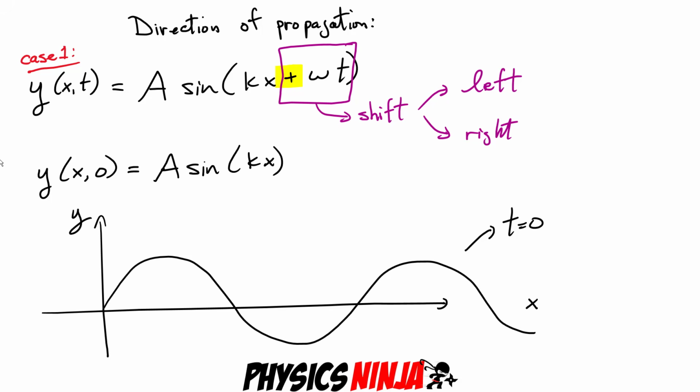Okay, now we want to know whether or not we shift it to the left or to the right. And the rule from math class, if you remember, if this term was positive, what you end up doing is you shift it to the left. If it's a negative term, you end up shifting it to the right as time goes on.